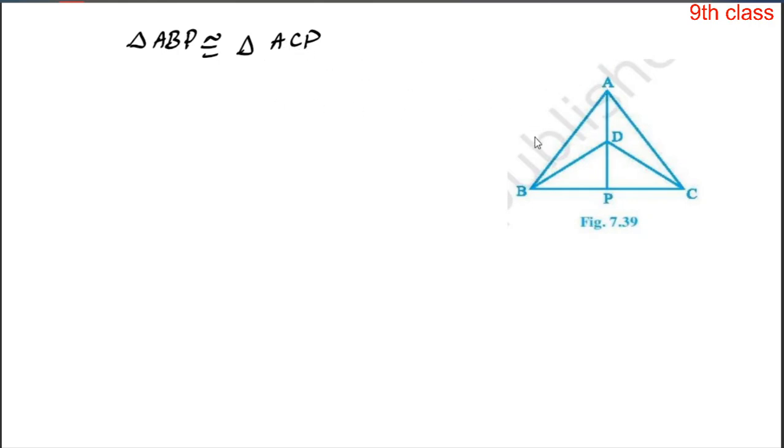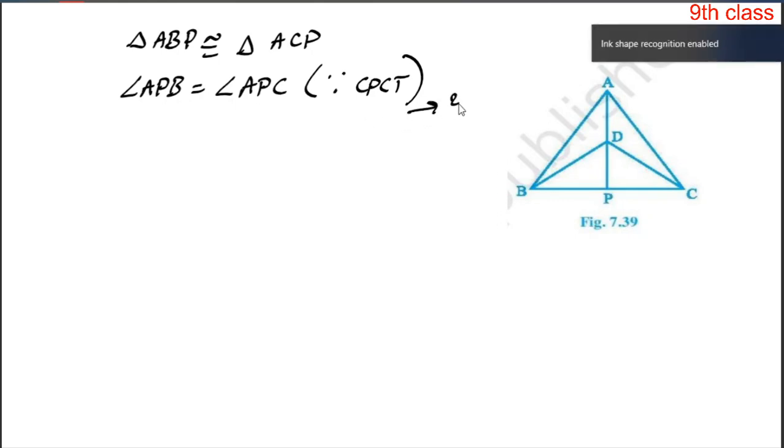So the corresponding parts are equal, the corresponding angles and sides are equal. So angle APB is equal to angle APC, since CPCT, the corresponding parts of congruent triangles. This is equation number 2.